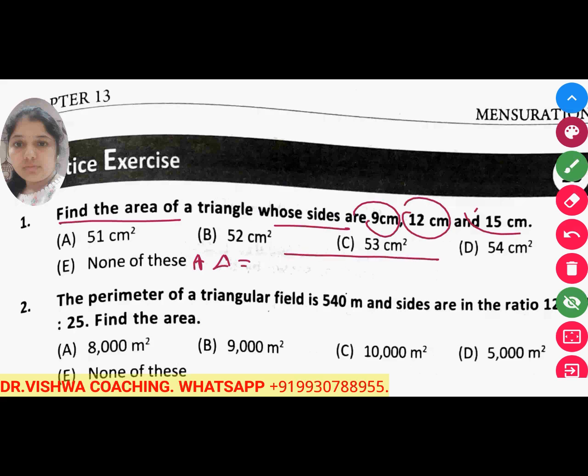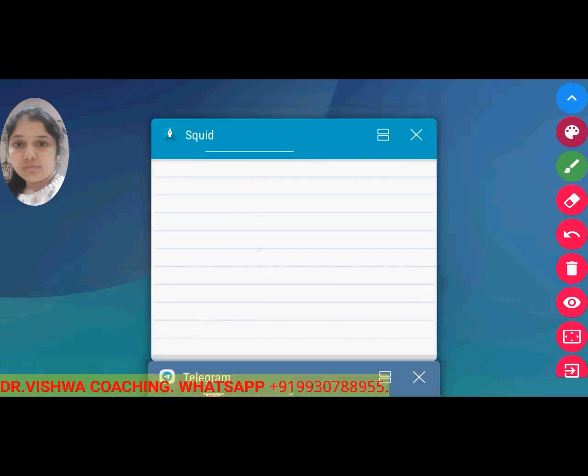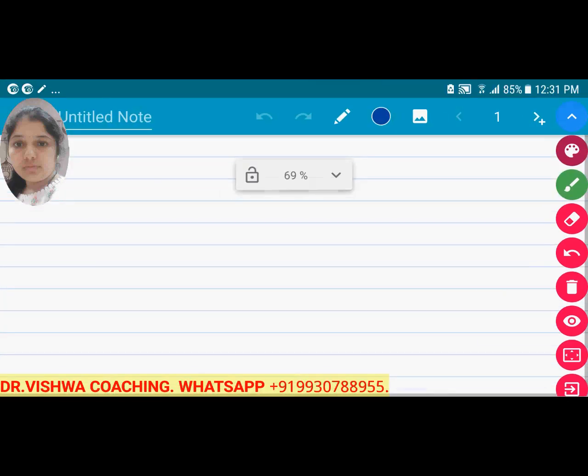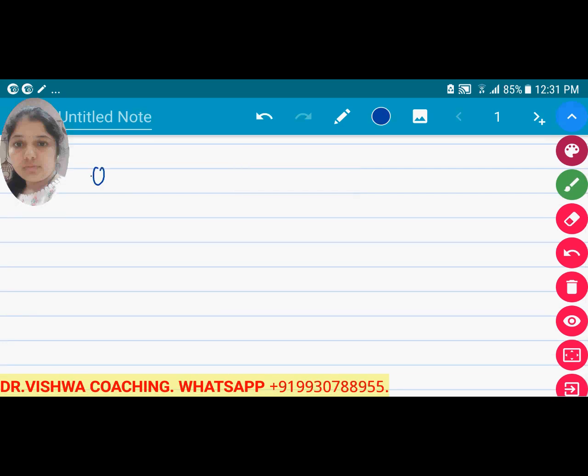When we know the sides of the triangle, we can find the area as the square root of s times (s minus a), (s minus b), (s minus c), where s is half of the sum of all sides, or half the perimeter of the triangle, and a, b, c are the sides. So the very first step is to find the value of s.